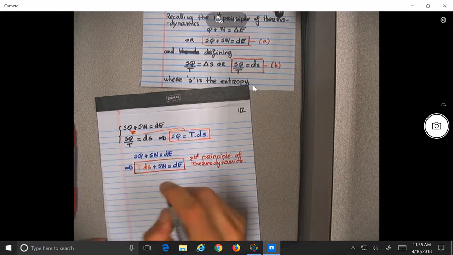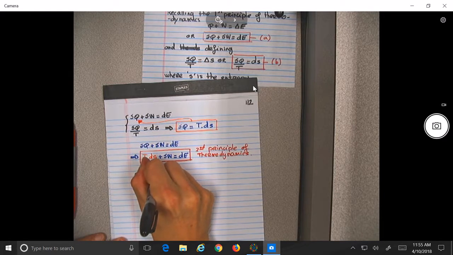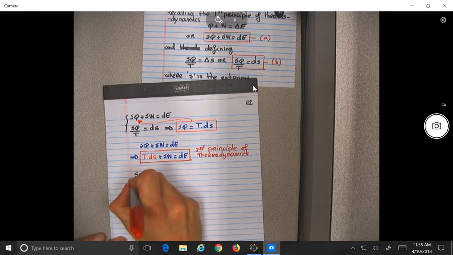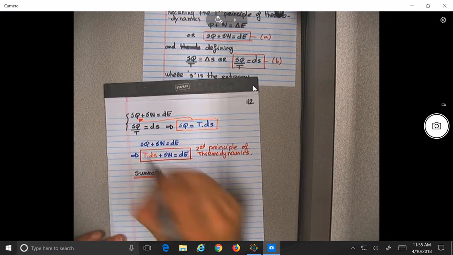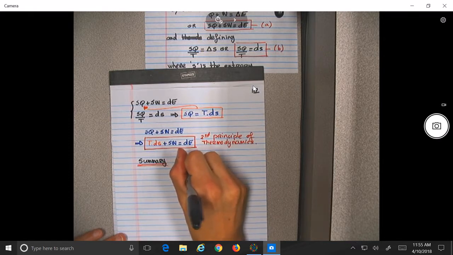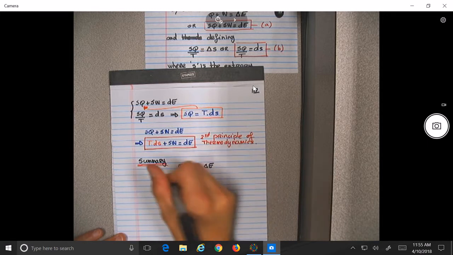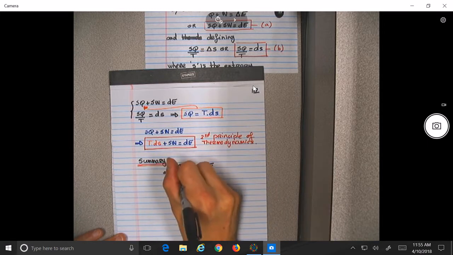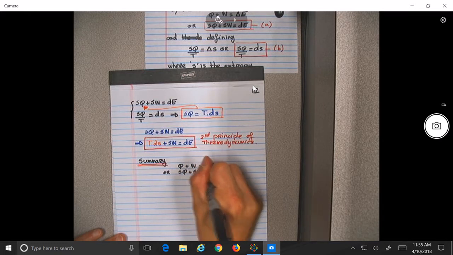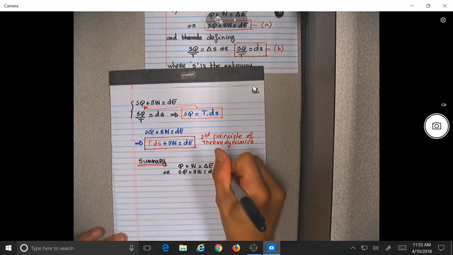Okay, so let's do a very quick summary, just to know the equations that we have so far. We have Q plus work equal change in energy, or we can write that equation as delta Q plus delta work equal dE. So this is the first principle.